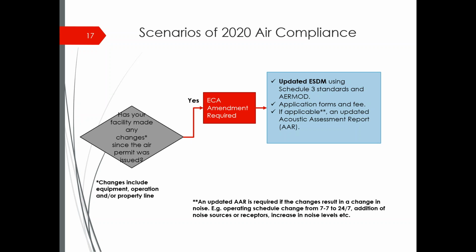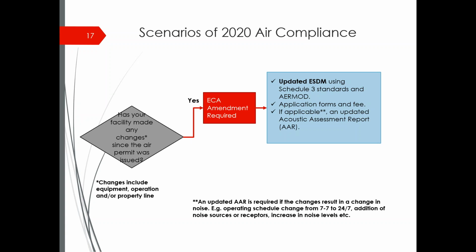But as well, if the changes you made will trigger a change in the noise assessment or the acoustic assessment report, then you have to submit an updated AAR as well. Just want to point out the changes that will trigger a change to the AAR would include things like your operating schedule.